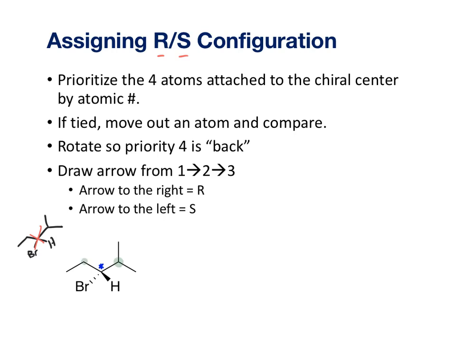So that's carbon, carbon, hydrogen, and bromine, and prioritize those by atomic number. The higher the atomic number, the higher the priority. So we can say bromine is priority 1, hydrogen's priority 4, and then carbon is in the middle. Right now, if we're tied, you can move out an atom and compare, but in this case, we can compare directly on just the attachments.